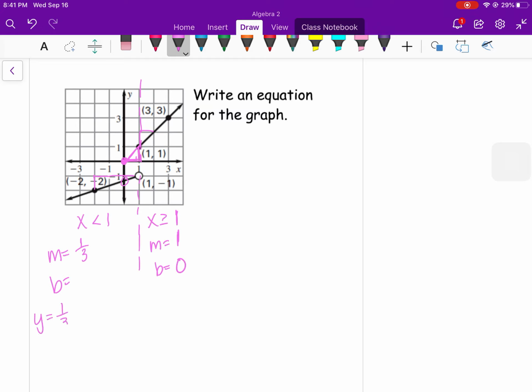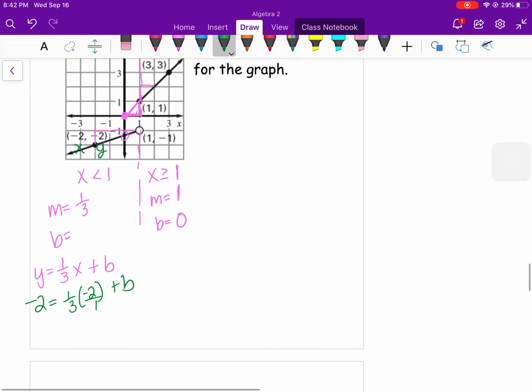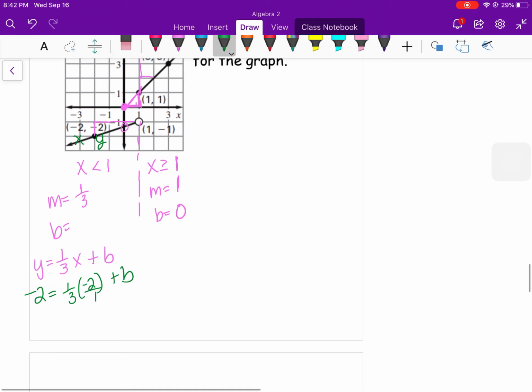y equals 1/3 x plus b. Choosing an x, y point, I have (-2, -2). So plugging in, -2 equals 1/3 times -2, plus b. So -2 over 1, that's -2 equals -2/3 plus b.